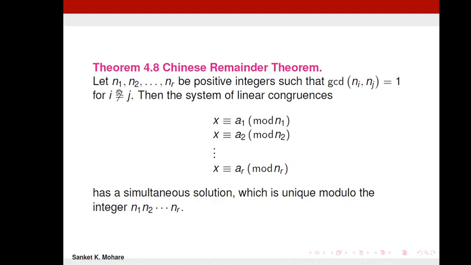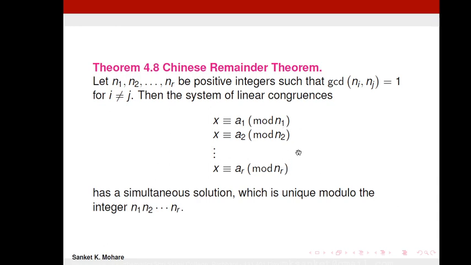So here n1, n2, ..., nr are positive integers and all are co-primes, meaning if you choose any two integers among these, their greatest common divisor is 1. The given system of linear congruences is x congruent to a1 modulo n1, x congruent to a2 modulo n2, up to x congruent to ar modulo nr, where a1, a2 up to ar are integers, and n1, n2 up to nr are also integers.